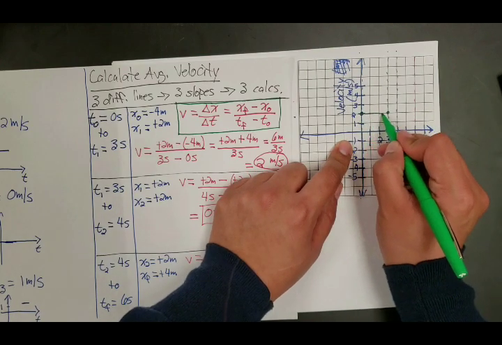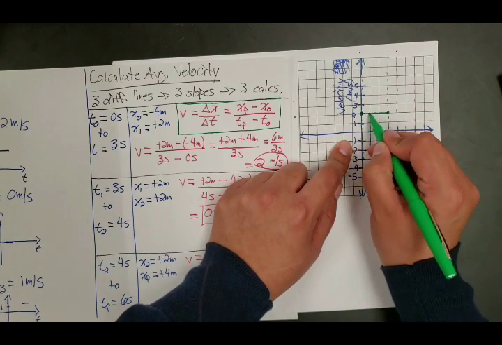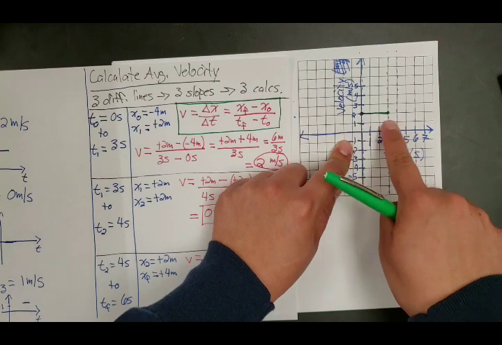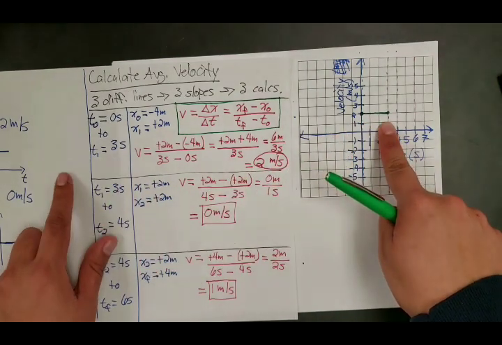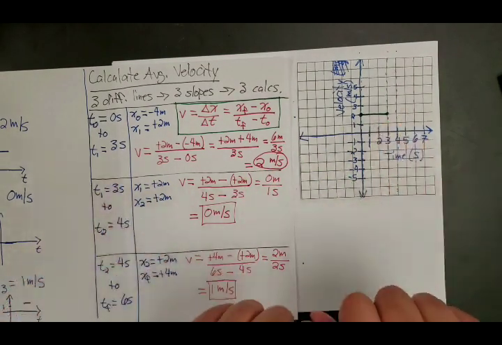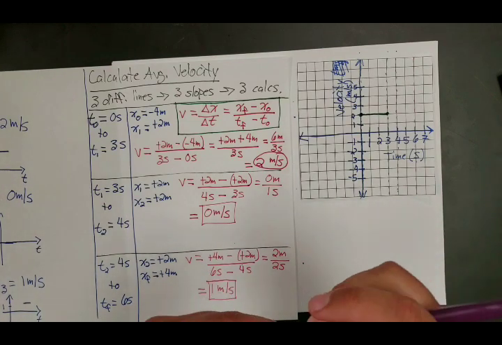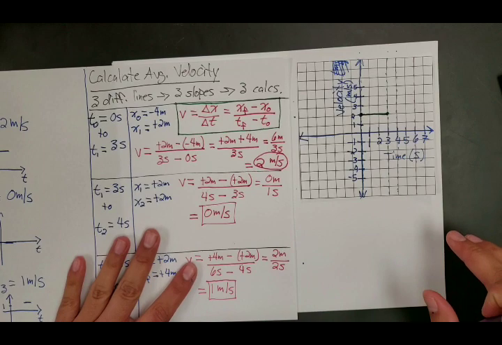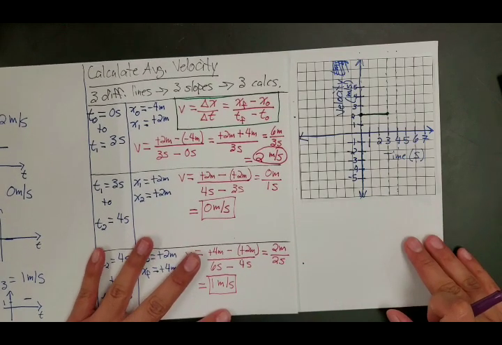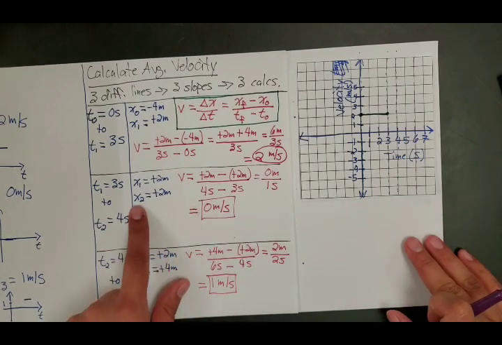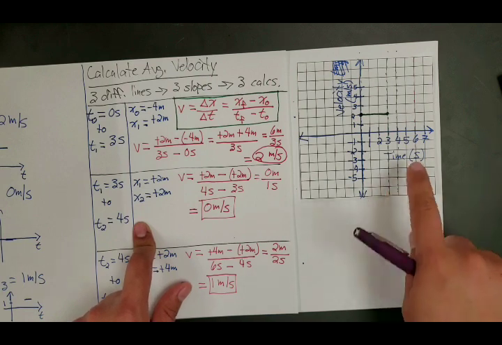But you're basically just drawing a straight horizontal line inside this time range, which is the same time range that you noted earlier. Now I'm going to use my purple marker, and I'm going to draw the horizontal line segment for the second calculation that we did. So second calculation went from 3 seconds to 4 seconds.